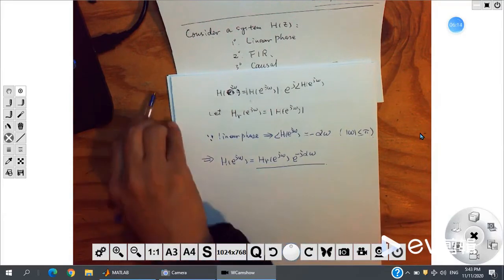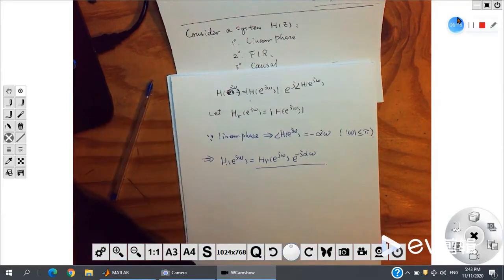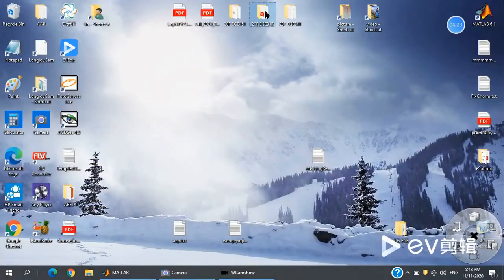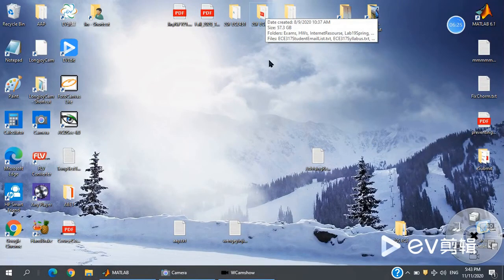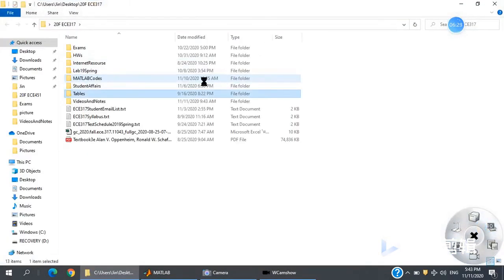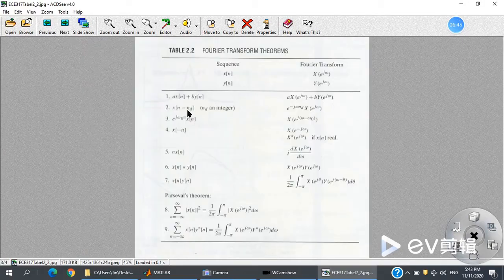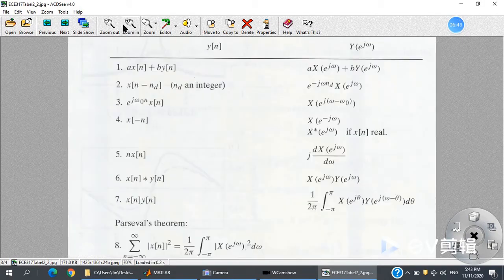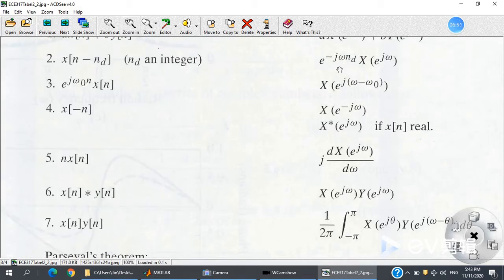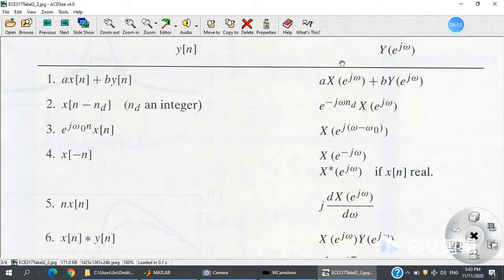Actually, we can check the table of the Fourier transform. Here, the second row.